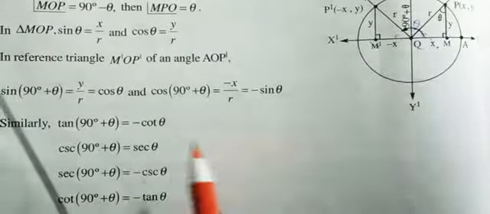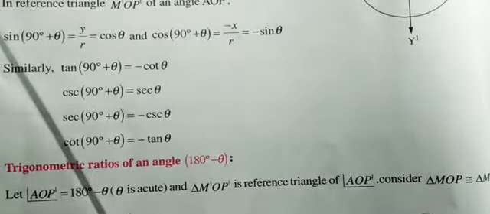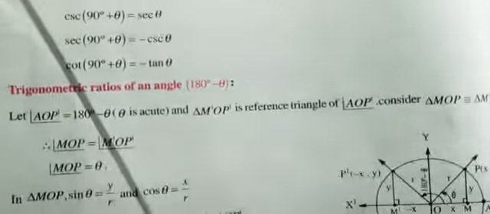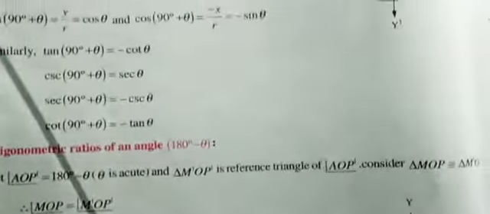Similarly, tan 90 plus theta is minus cot theta, and cot 90 plus theta is equal to minus tan theta. So hope you understand this process. Actually this method is given very clearly in this book, so I have chosen this book as reference to understand this allied angles deduction formula.